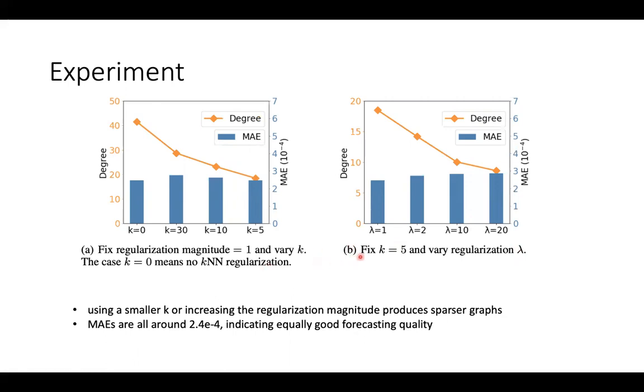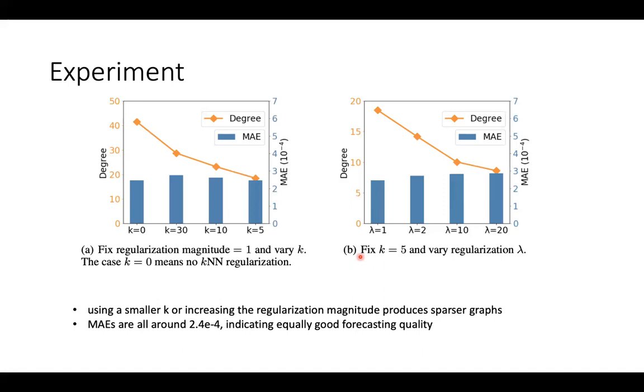Here we can see that using a smaller k or increasing the regularization magnitude will produce sparser graphs, which is what we expected, because when we use a smaller k, we're assuming that the prior of the graph is that each node is not connected to many nodes.